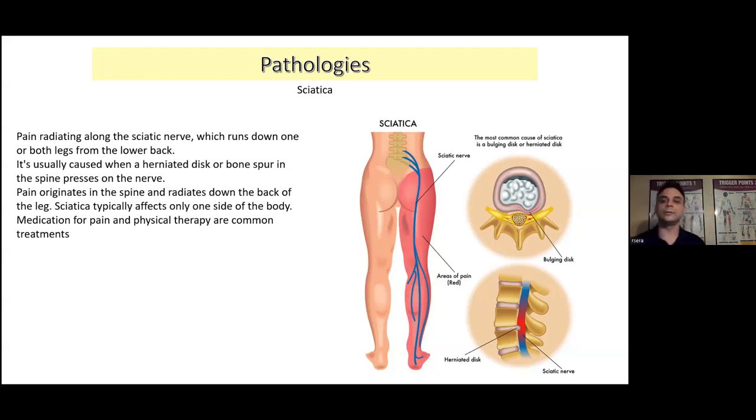So why would someone have sciatica because of the piriformis? Well, one, the sciatic nerve runs right behind the piriformis. And so when the piriformis gets tight or stretched out, in this case, it presses onto the sciatic nerve. But why is the piriformis doing that? Well, the piriformis itself is elongated when you're sitting down.